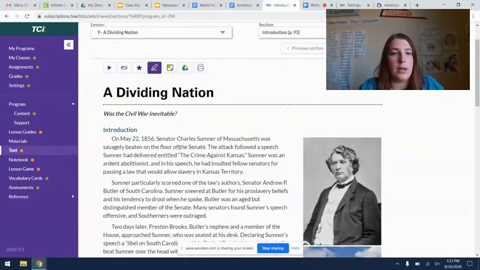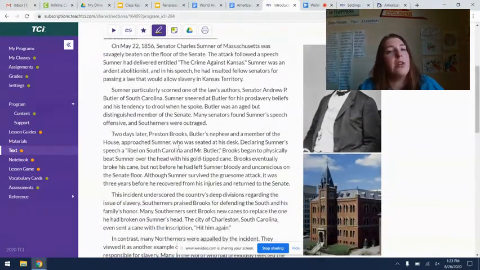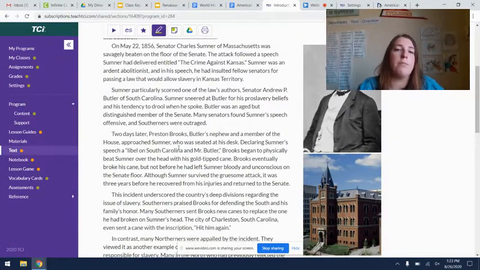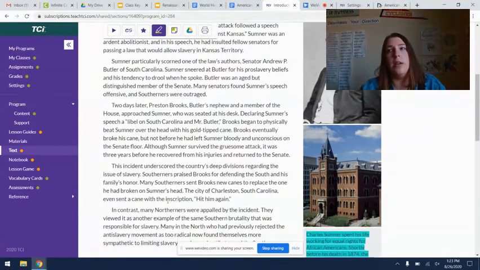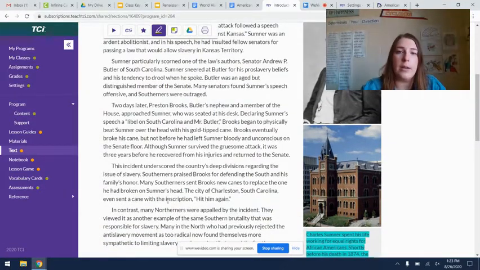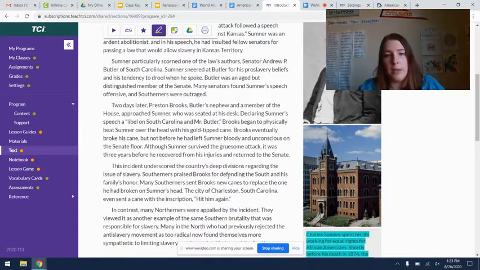Basically, what the introduction is about is talking about a senator named Charles Sumner who made a speech that was insulting pro-slavery and those that supported pro-slavery. Well, he called out one of the authors of a specific pro-slavery law named Andrew P. Butler and made fun of him.